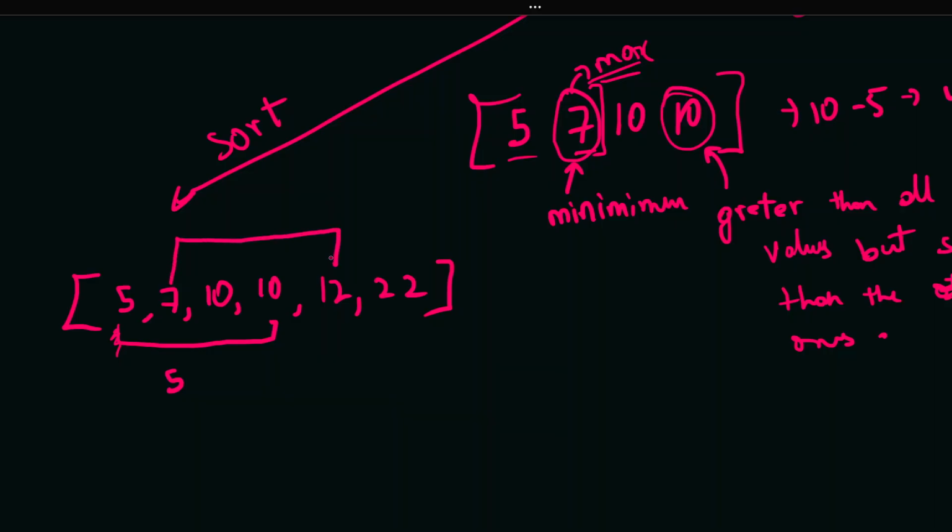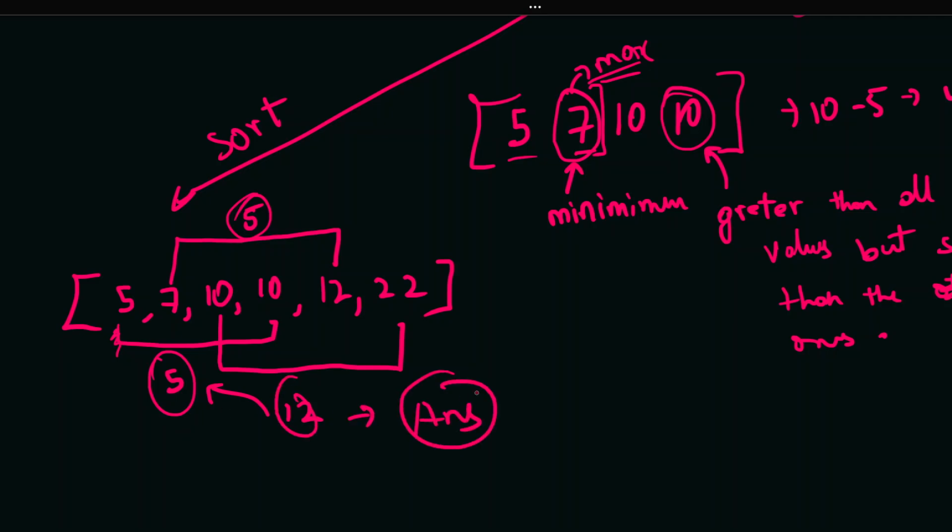I choose this part, and now the answer is 5 still. Correct. And then I'll choose from 10 to 22. Here it is 12. So whatever is the minimum out of these three is my answer. You can try it out. There is no other way to choose such that you can get an answer less than 5.